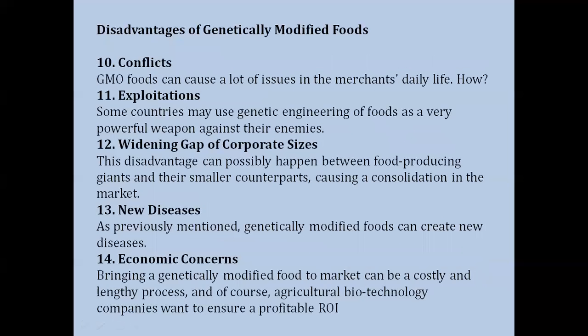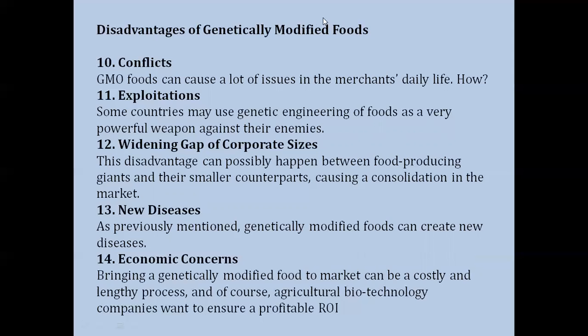And the next is the conflict. Because if some scientists develop a GMO, they should have the patent for the commercial seed to release it to the farmers. So that conflict will be there.